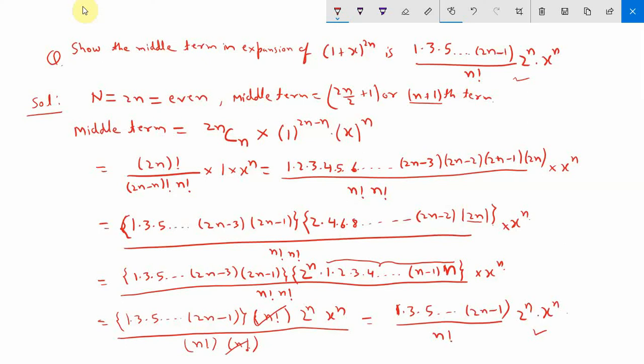Next we will see problems related to how to find the term independent of the variable. Okay, so we will clean this.